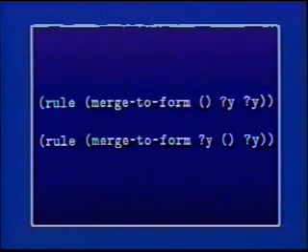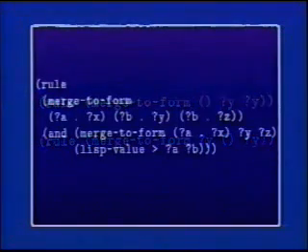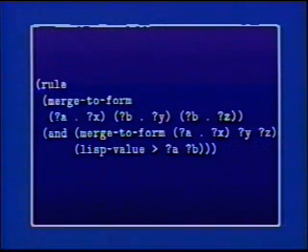And there was another piece of logic that said anything and the empty list merge to form the anything, and that's this. Right, a rule Y and the empty list merge to form Y. Those corresponded to the two end cases in our merge procedure, but now we're talking about logic, not about procedures. Then we had another rule which said if you know how shorter things merge, you can put them together.